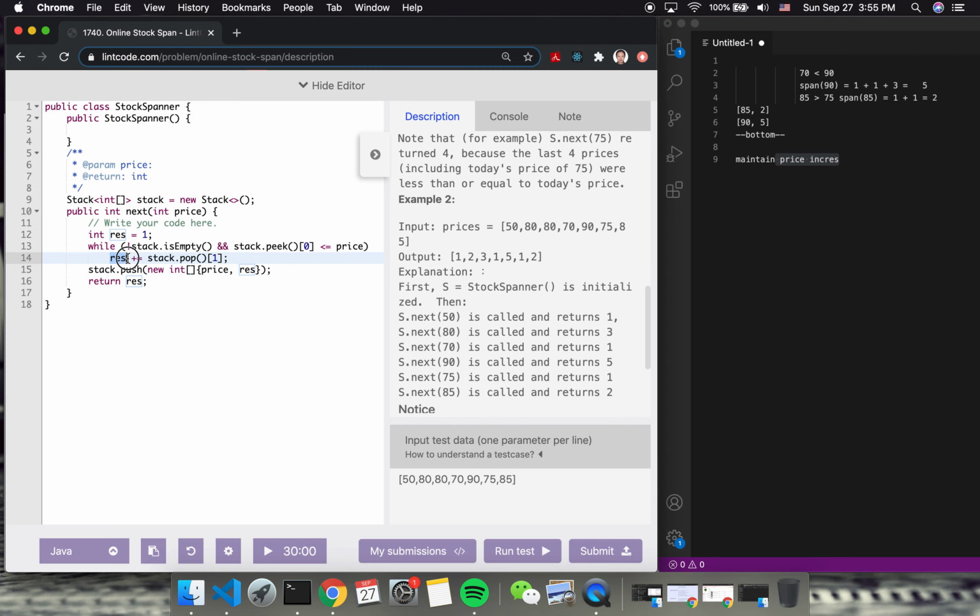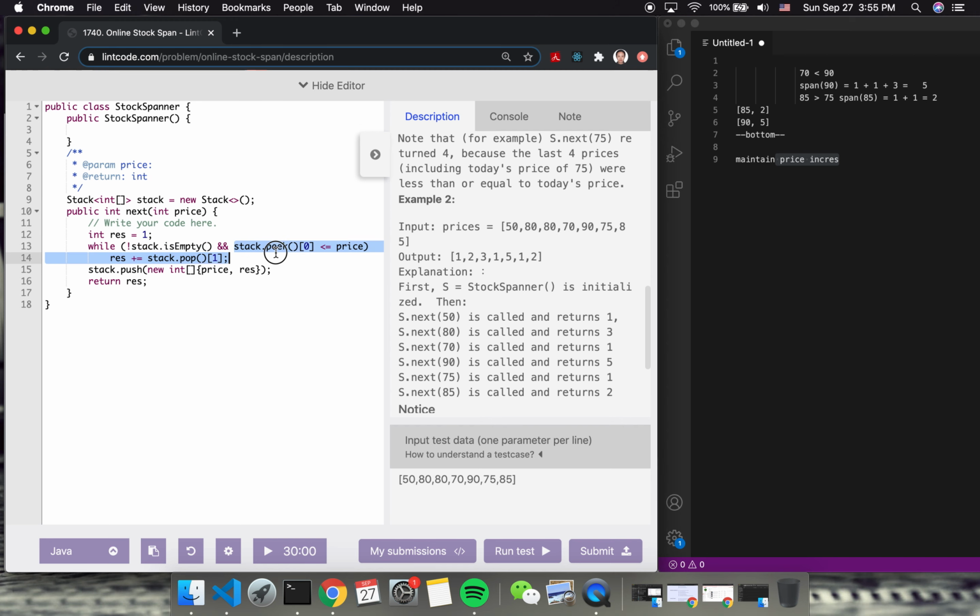So we always compare the price on the top of the stack with the current price. While the stack is not empty, which means there are still elements in it, we are still going to keep comparing.